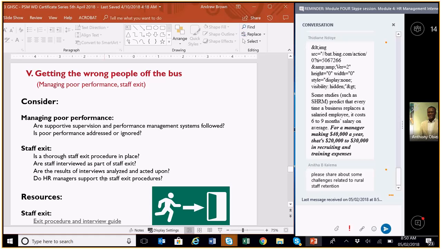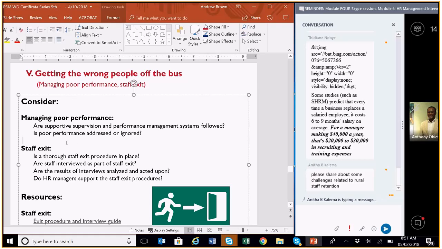And there's been a lot of work done by WHO and others about things to consider even more specifically for rural staff retention. In the 10-pager, you will notice that there is a document which summarises the evidence about how to retain staff in rural and remote environments. And I would refer you to that particular document.